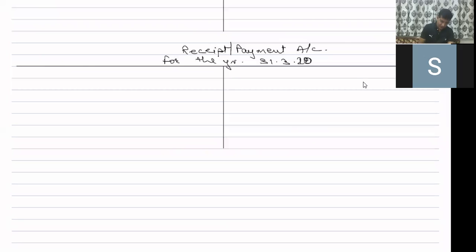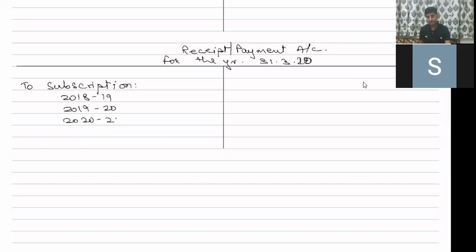Then in my receipt and payment account, on the receipt side, I've been given subscription (2018-19, 2019-20, and 2020-21). All right. I've been provided as 15,000, 4,15,000, and 10,000. All right.